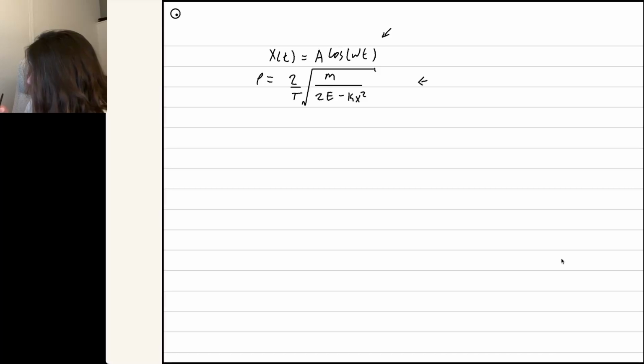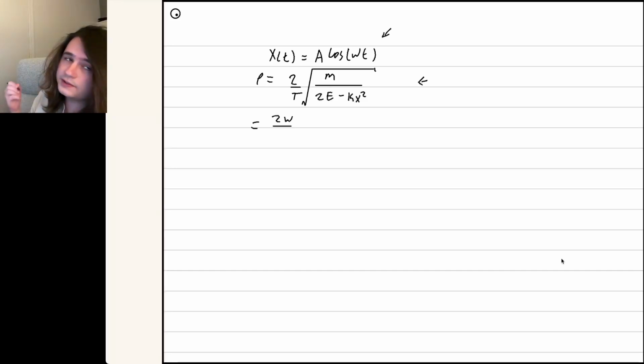So I'm going to put this in a form that is a little bit nicer. Before, I made the substitution of the period equal to 2 pi over omega, so I'm just going to do that here, and also factor out an m over k.